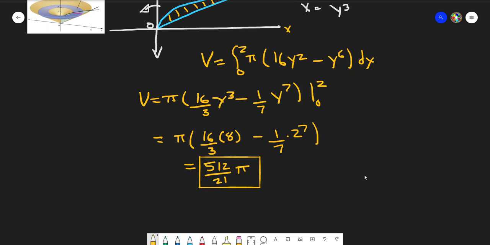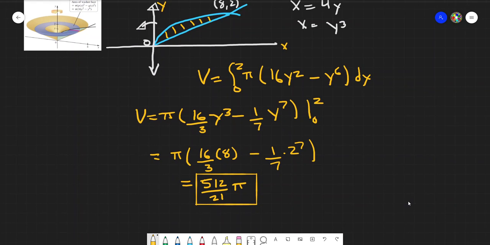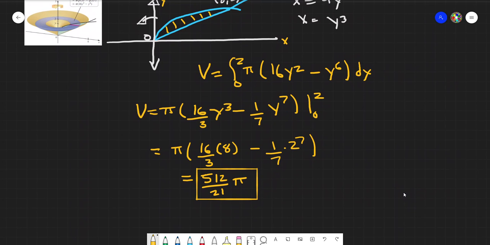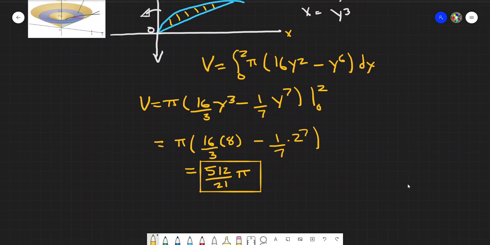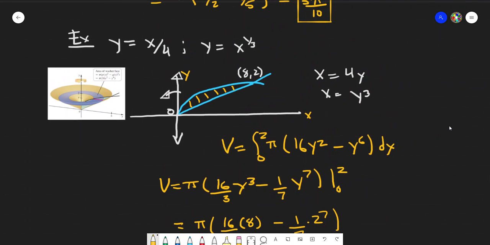Now, what if, instead of rotating with respect to the y-axis, we did this with respect to the x-axis? That would not only change the volume, but also change the shape that is generated. But the process would still be the same.